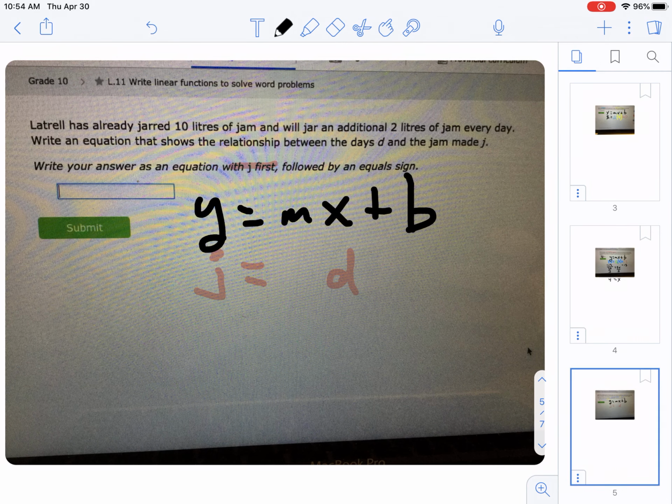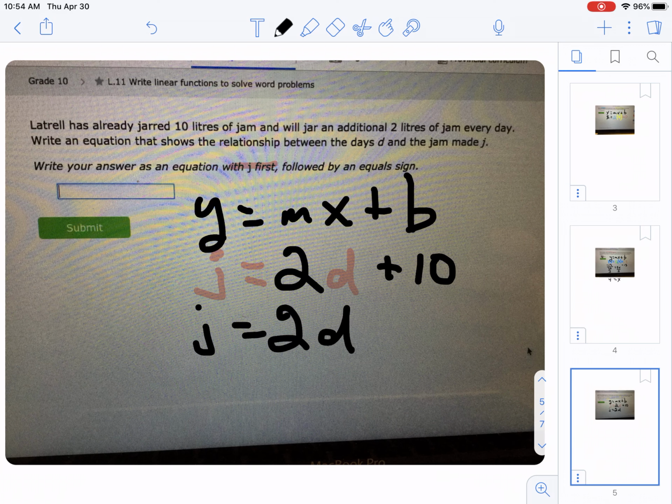So it says Latrell has already jarred 10 liters of jam, so that's the starting value, 10. And she's going to jar an additional 2 liters of jam every day. So that's the slope or the rate of change. So your equation is jam equals 2 jars of jam times the number of days plus 10 jars of jam that Latrell started with.